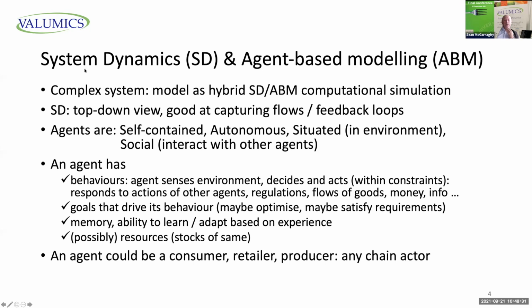What is an agent? Well, the main purpose of this model was to mix together system dynamics and agent-based modeling. Now, this is a very complex system. You cannot capture all of the details in an algorithmic computer model. So what you do is you set up a number of possible collections of actors and run the model through and see what happens.